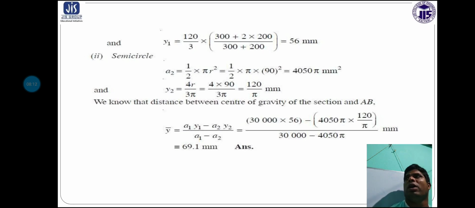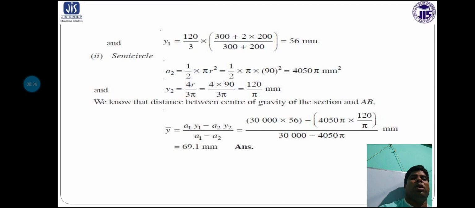So 4 into r, here r is 90, so 120 by pi millimeter. Now we know that the distance between the center of gravity of the section and AB, so y bar, is equal to (A1 y1 minus A2 y2) by (A1 minus A2). That means 3000.